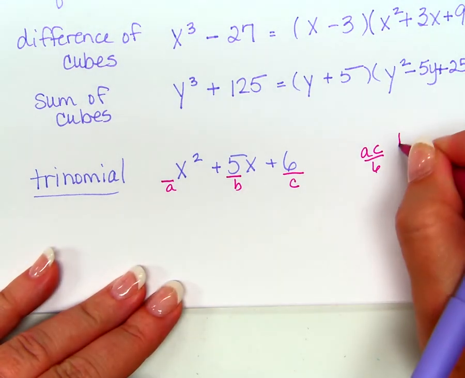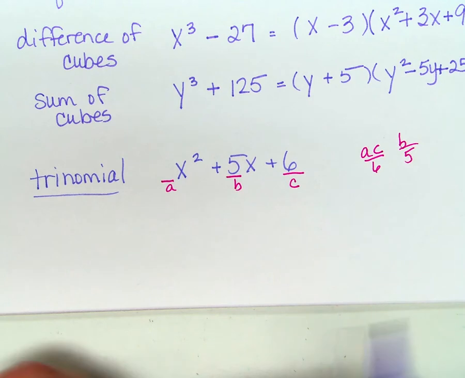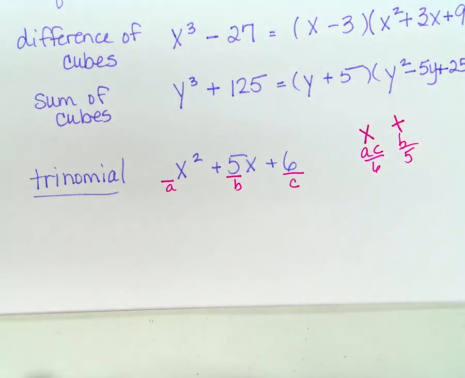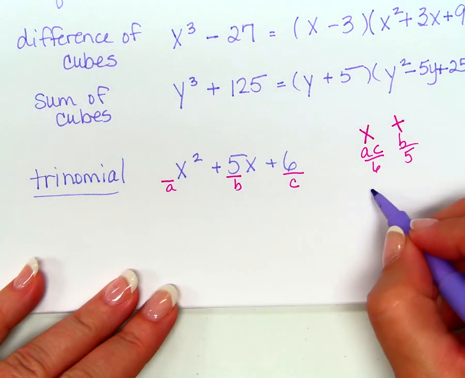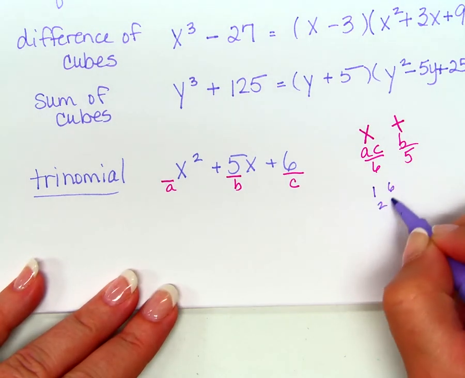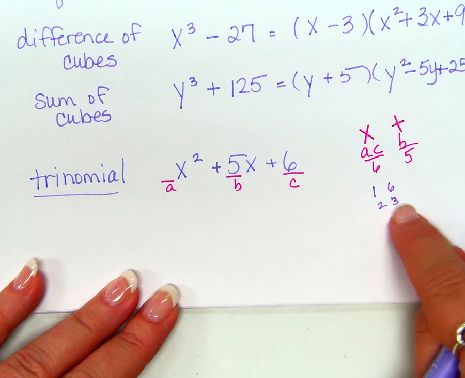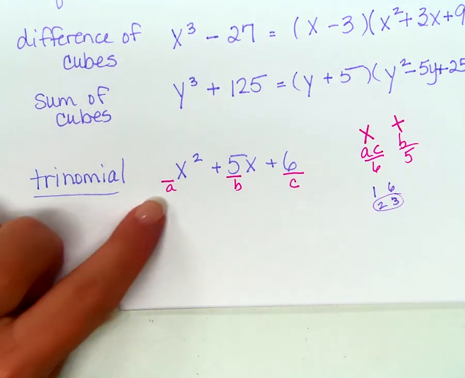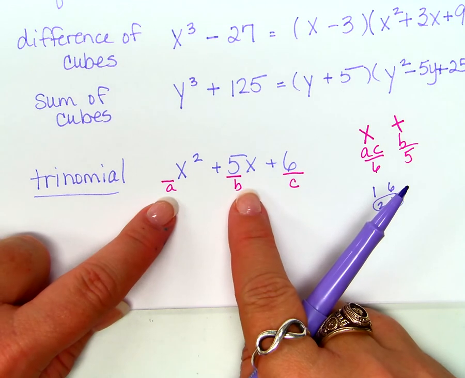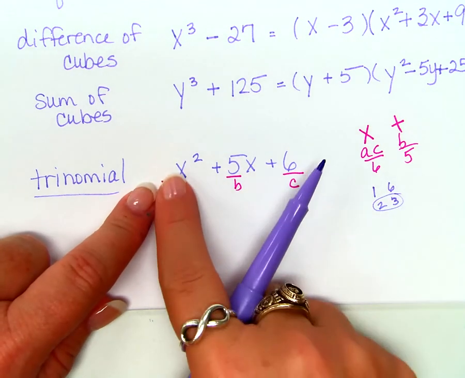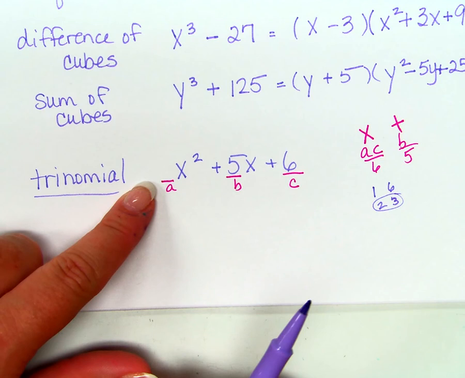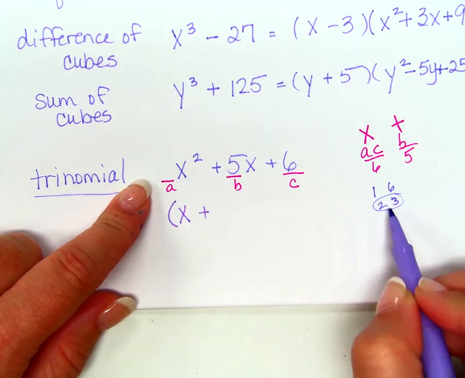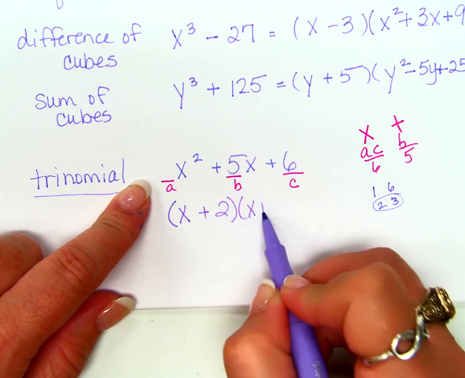And then we found B, which in this case is 5. What multiplies to be AC and adds to be B? Well, the numbers that multiply to be AC are 1 and 6 and 2 and 3. Which one of these pairs of numbers add to be 5? 2 and 3. So at this point, we recognize that A is 1, and if A is 1, we can do our little shortcut, right? We can go straight to our factors to be x plus 2 and x plus 3.